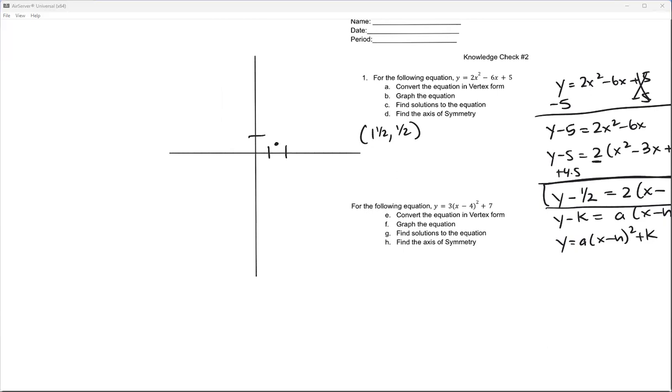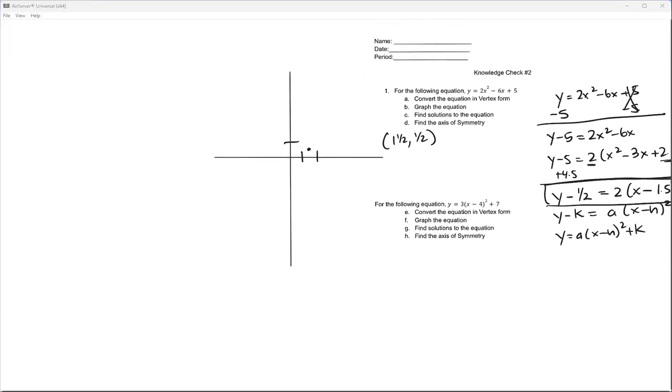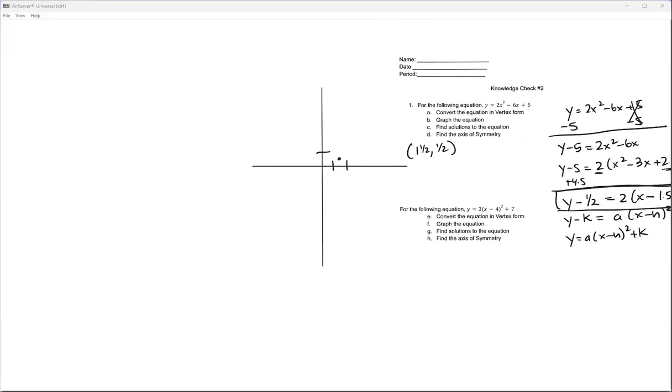And then you're going to just choose 1 and 2 in terms of the table right here. So if you plug it in, you can choose 1 and 2, and then you're going to choose 0 and 3. You guys remember all that?